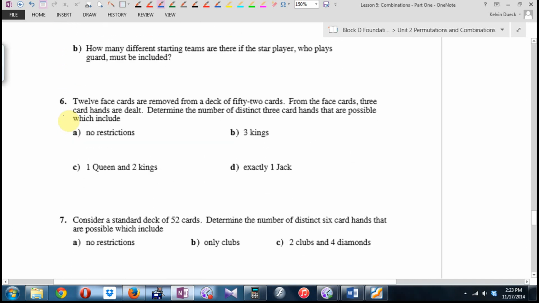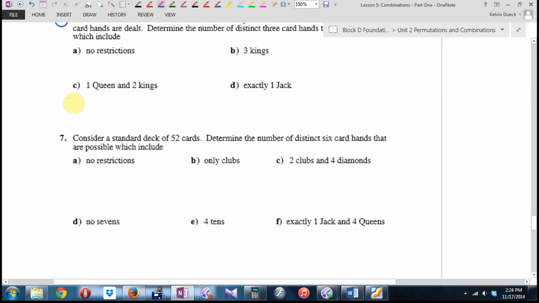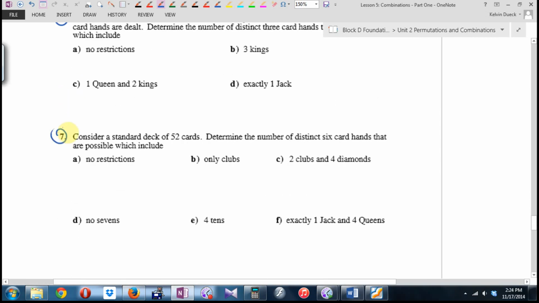Okay? So, card questions. 6, absolutely. Now, 6 is only looking at the face cards, so you're only looking at 12 cards. 7, card questions. For each of them, sketch a quick bucket.